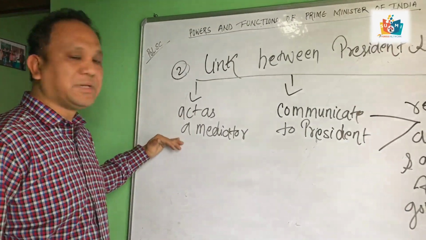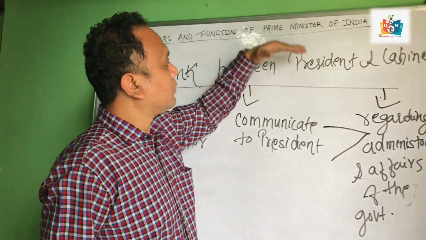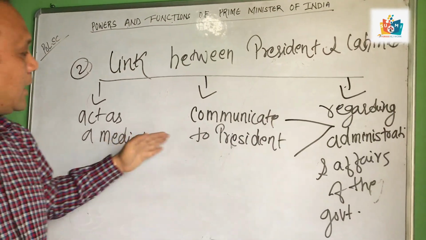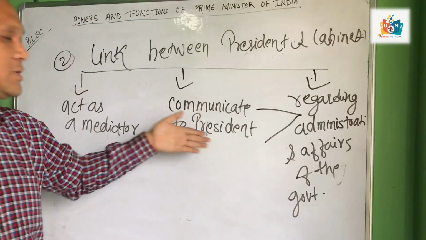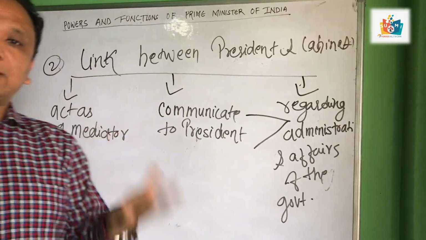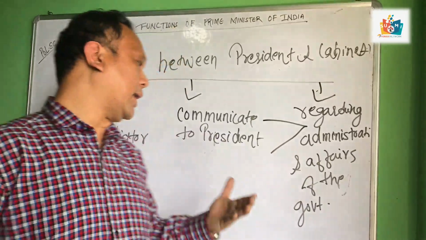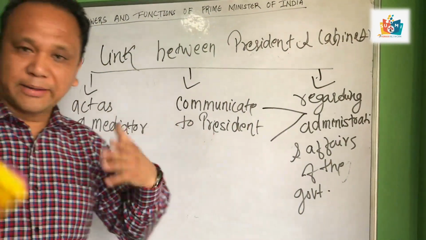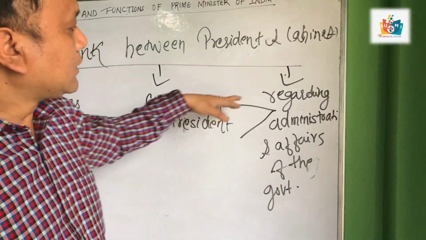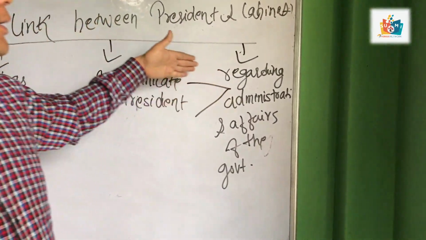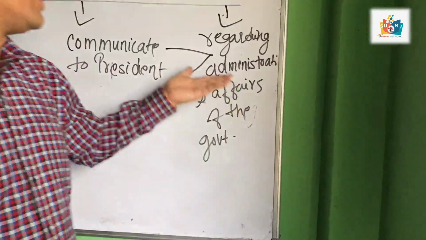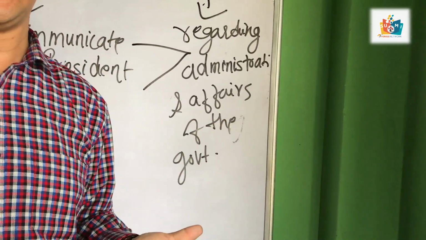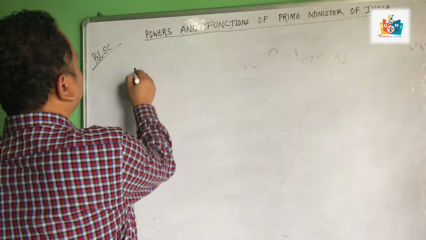He acts as a mediator between president and the cabinet. The first point. Next point, he communicates to the president regarding the decision and policy made by the cabinet. And number 3 point, he communicates to the president regarding the administration and affairs of the government.